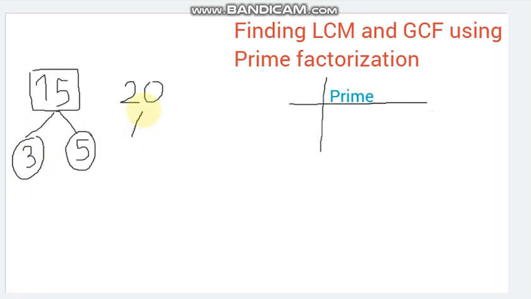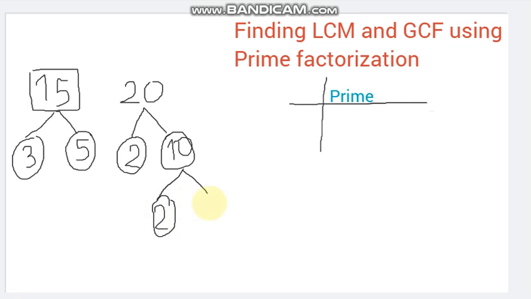While 20 is an even number, so it can be divisible by 2. So there is 2 times 10, definitely. I'm going to put it here. So 10, what? Also an even number, so it's also divisible by 2. 2 times 5, definitely. So we have it now.